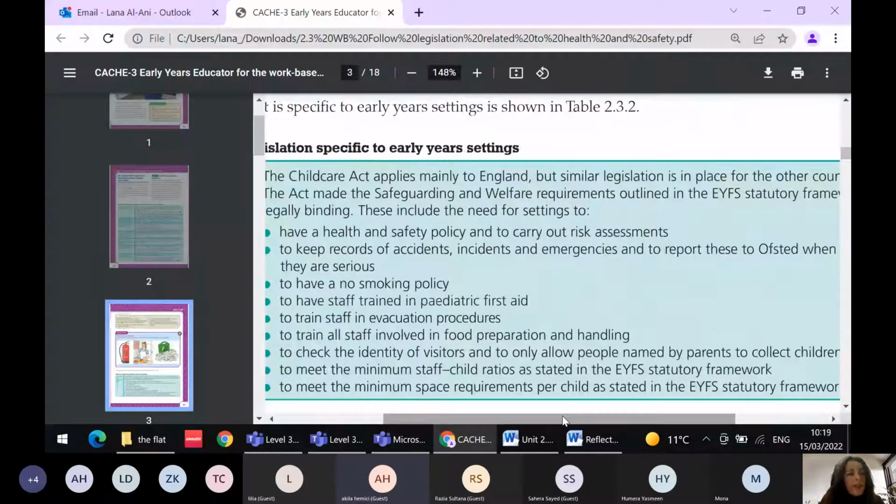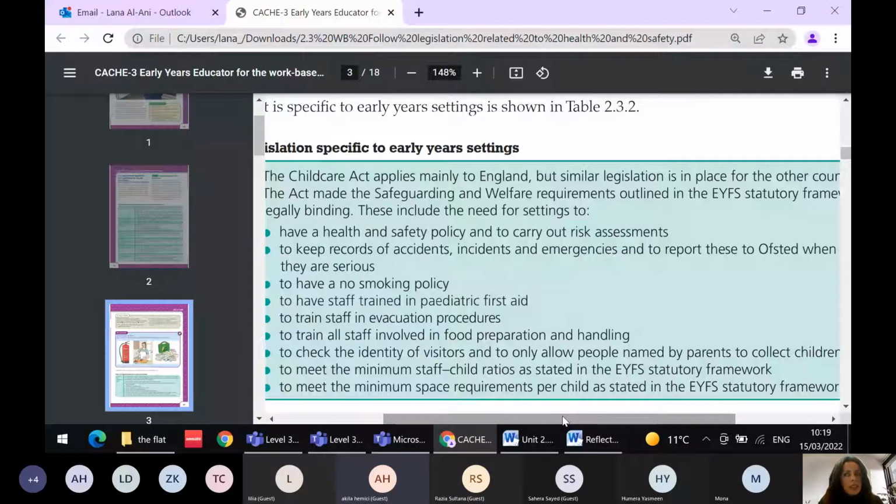What is it all about? Have a health and safety policy and carry out risk assessment. So we always need to make sure to have risk assessment in the organization. Also keep a record of any accident that might happen, any emergencies. If we take the kids to the hospital, we need to register that.